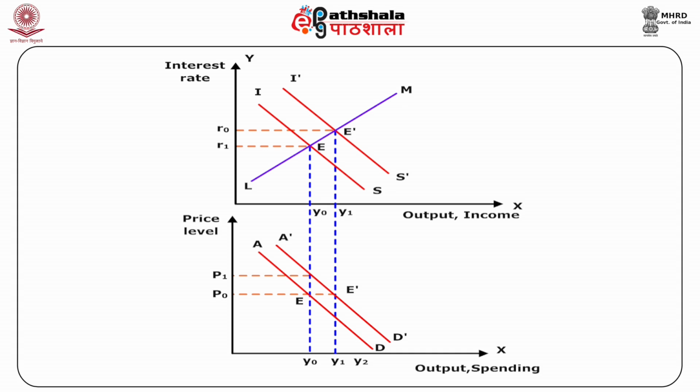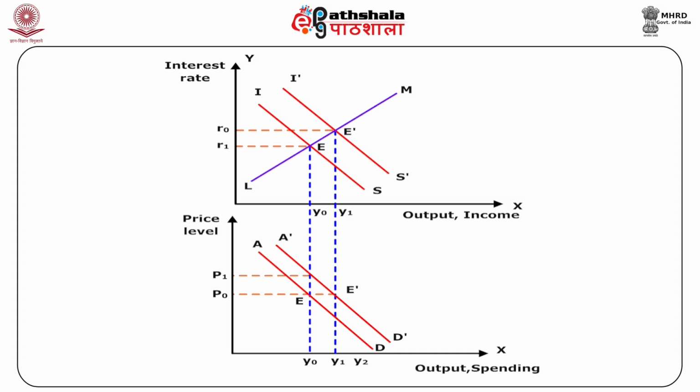At E prime, the rate of interest is R0 and the level of income is Y1. If we look at the fifth quadrant as we derived it in the beginning, and extend the Y0 and Y1 levels of output by the dotted line into the fifth quadrant, we notice there is one aggregate demand function AD, the original one, and at point E the given price level is P0 and the level of output is Y0.